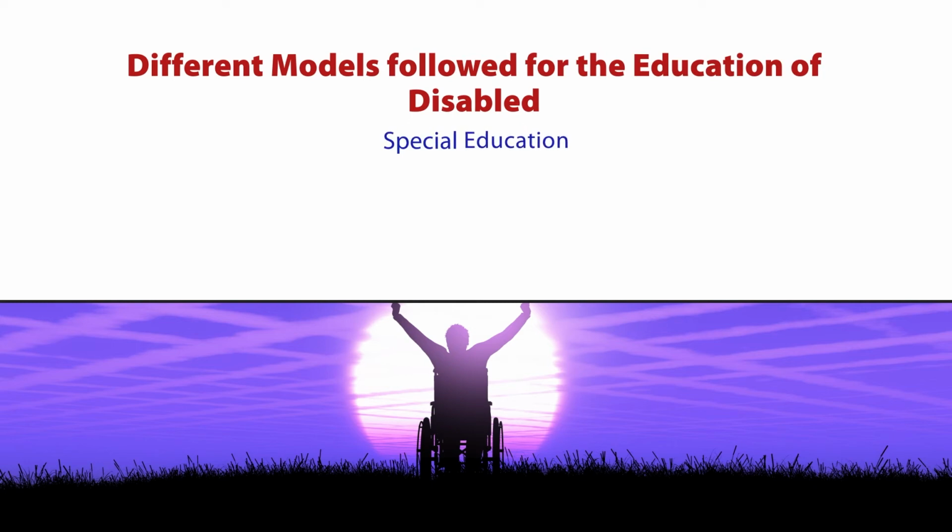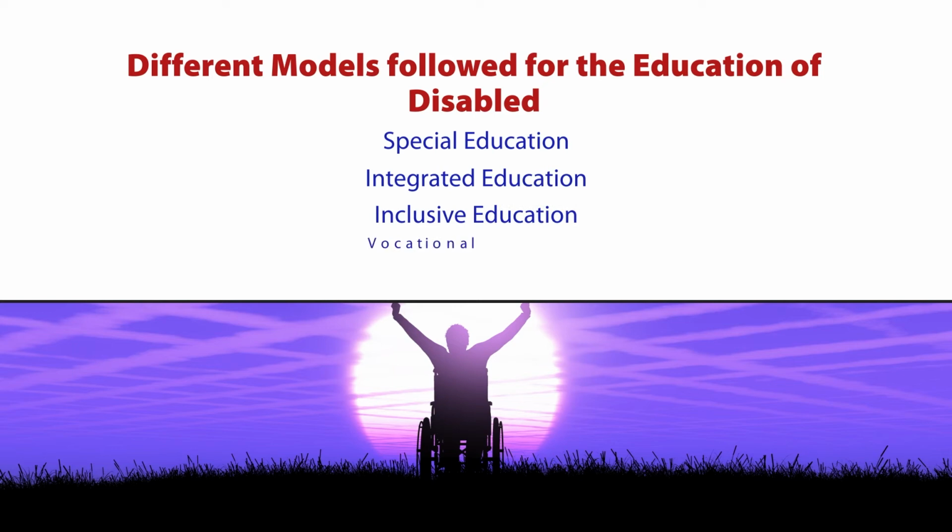Okay, after knowing the different categories, then we can talk about what kind of education we can provide them, or how we can include them in the main academia or mainstream of education, and what are the models that we follow for the education of these kind of people.